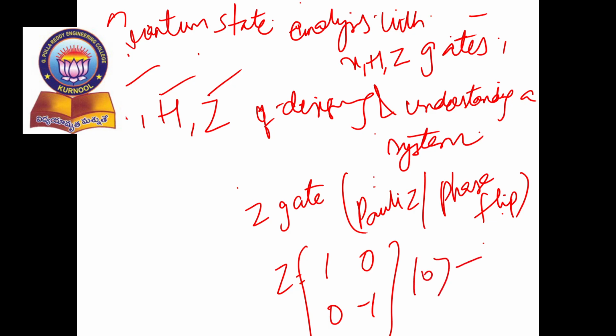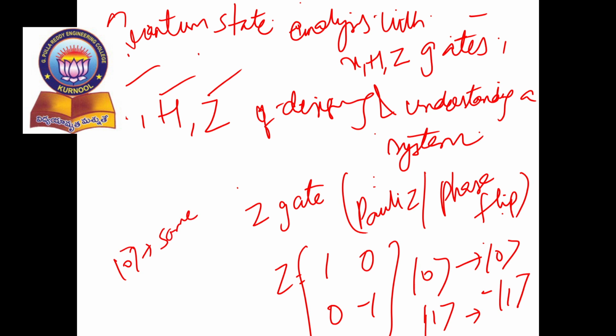The state 0 stays 0, and the state 1 becomes -1. So 0 means it is the same, and 1 means it gets a -1 phase.